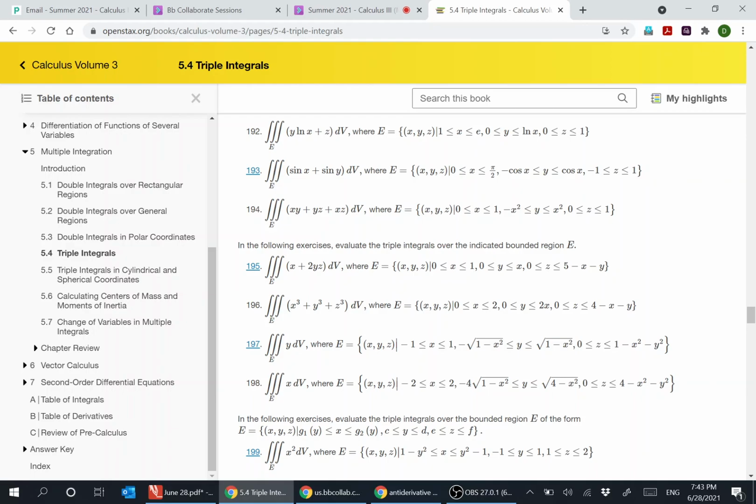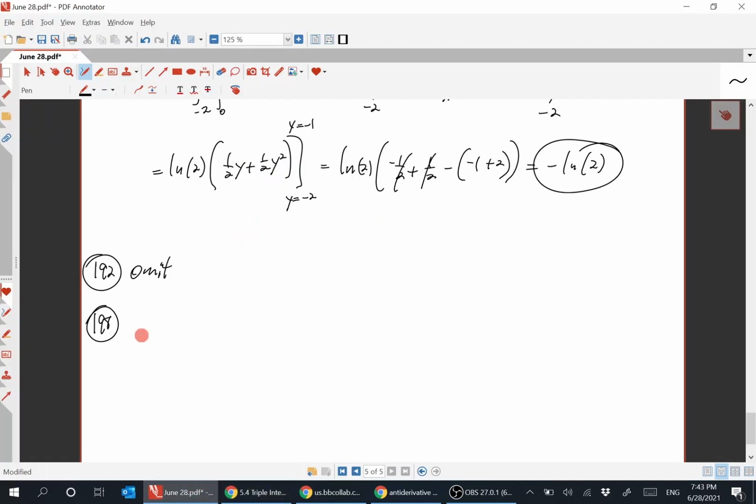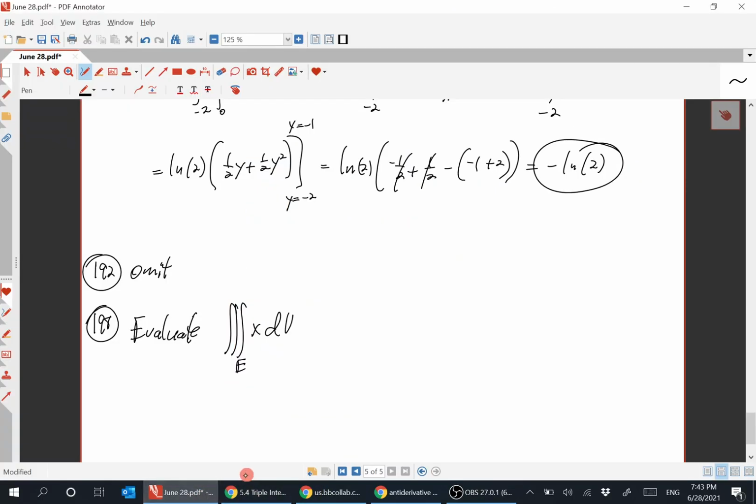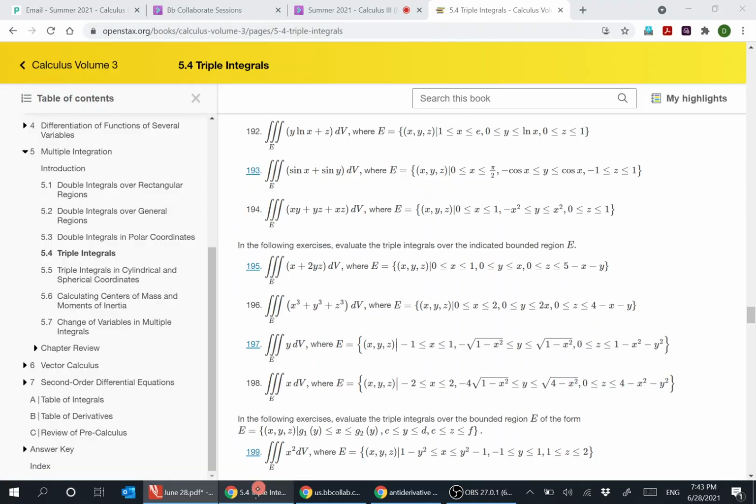So evaluate the triple integral x dV over E, where E is, and here they just give you the description of that region. Minus 2 is less than or equal to x is less than or equal to 2.